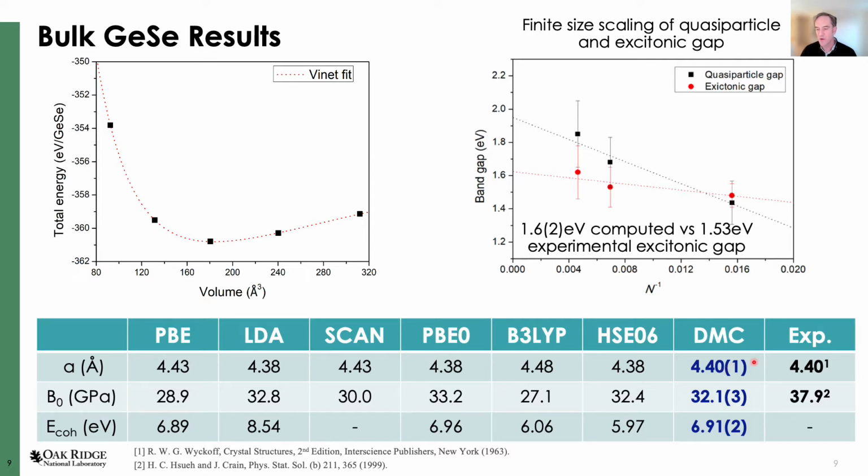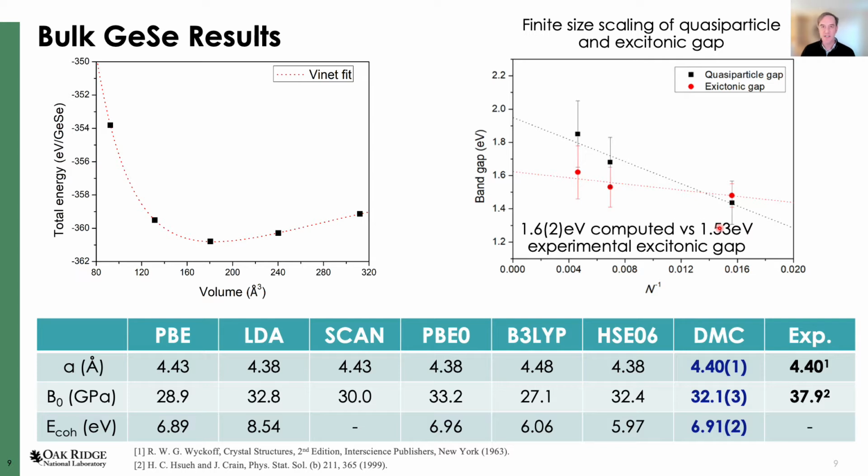And we see a very good agreement in both the lattice constant and the bulk modulus with experiment. One thing that was also very nice and important to see is when we compute the gap in the diffusion Monte Carlo for the bulk, we have a good agreement with what's known from experiment.